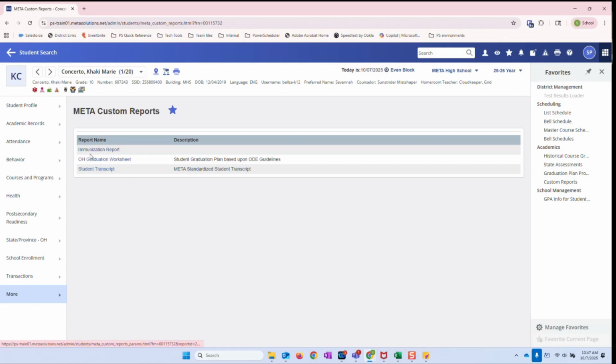You can see in this train database, somebody had requested an immunization report to pull certain data, and someone else had requested some information pertaining to students' graduation. And so some of our districts, probably more than a couple, utilize this Ohio graduation worksheet that pulls different information out. But the most commonly used one is, of course, our student transcript.